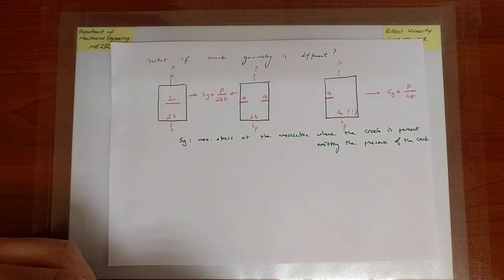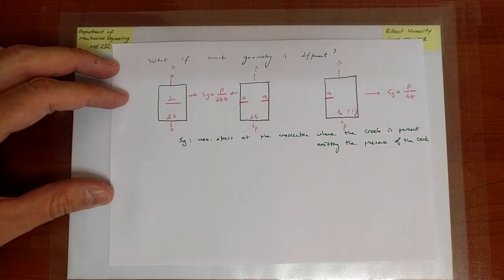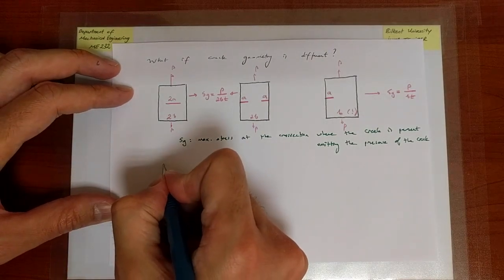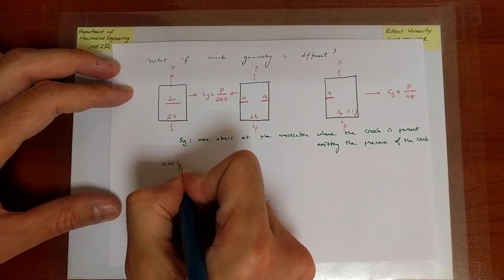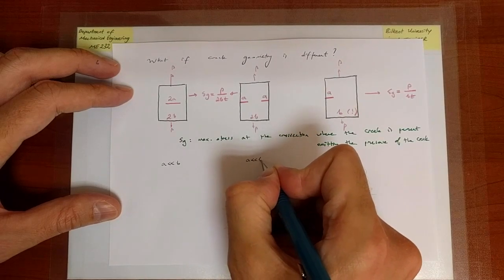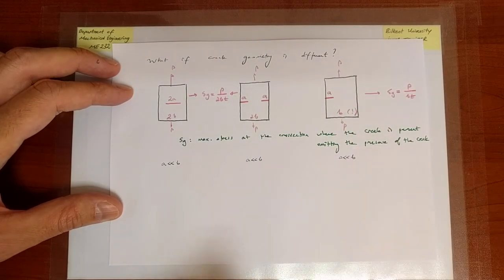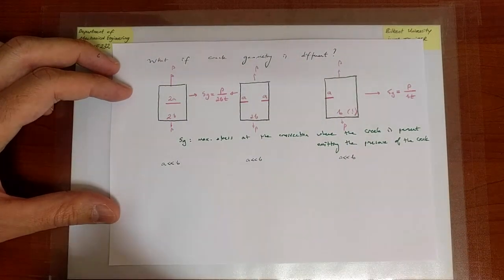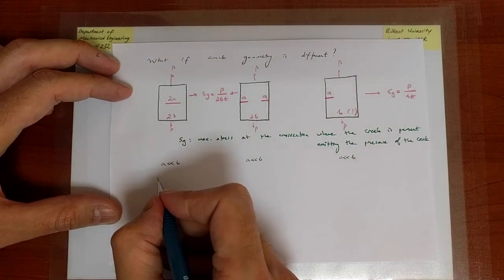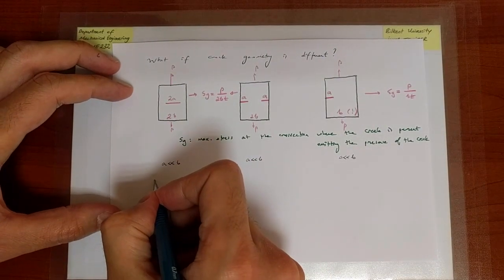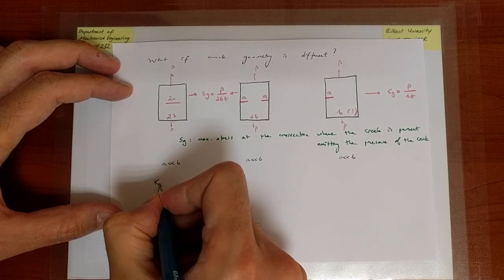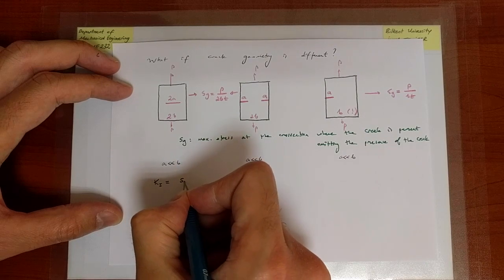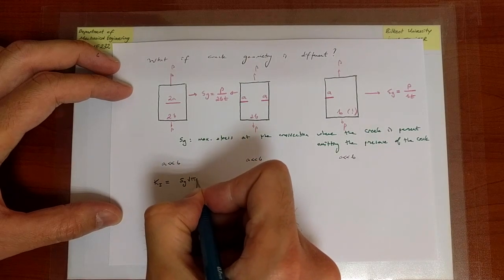Okay, so now I have not written presently that a is necessarily much less than b, but let us assume that that is the case. a is much, much less than b. And here as well, and here as well. Okay. Now, if that is the case, then it turns out that the definition of K1, first of all, in this case, is equal to SG root pi a.